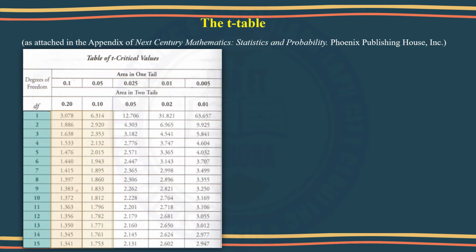The second, the third, the fourth, the fifth, and the sixth columns, they are the critical values of the t-distribution. This row or this heading is the set of values of the area in one tail.